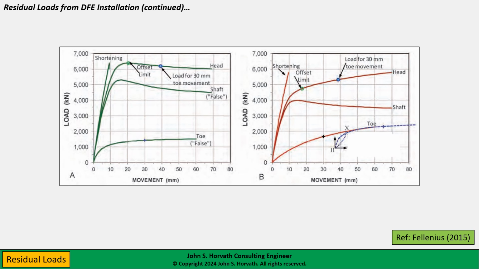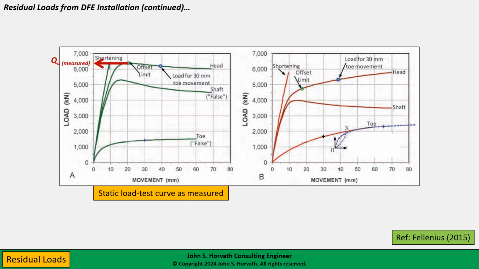In any event, this comes from another paper by Fellenius. We're looking at the left-hand graph as a static load test curve as typically measured and presented. We're plotting the movement of the head of the deep foundation element, and there are interpretations of the toe and shaft movement, and here's the elastic shortening line.